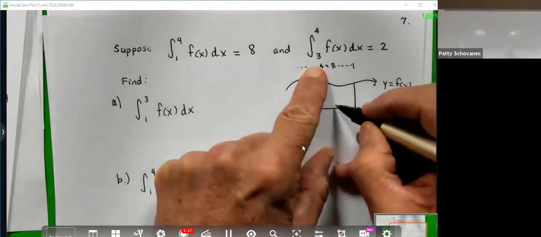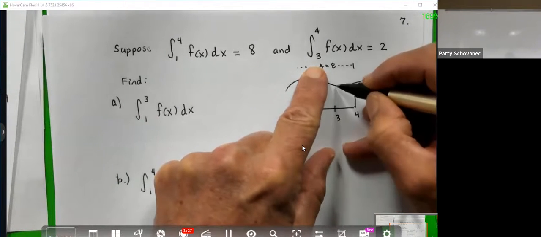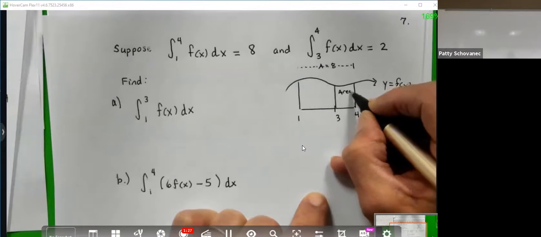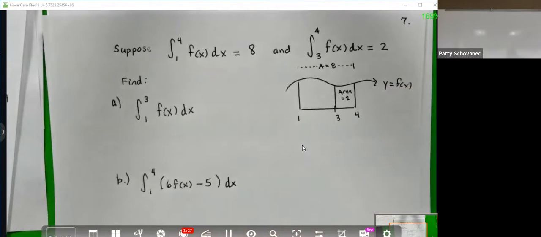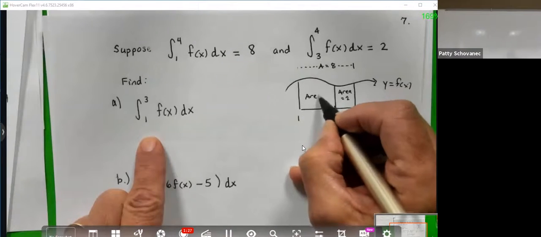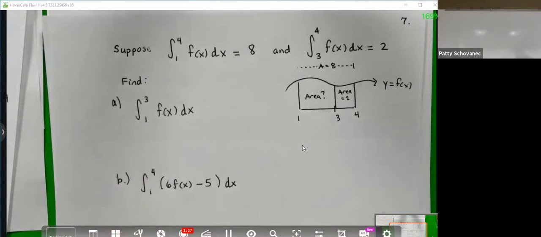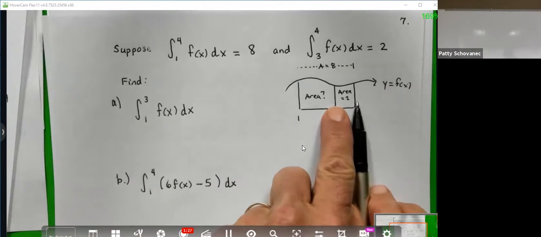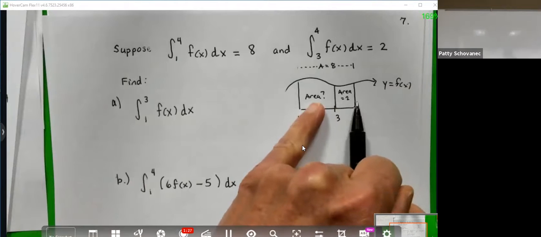Then if I cut this off at 3, draw a vertical line, I know that this area in here is equal to 2. And I'm asked to find this area. And now it's easy. The whole area is 8, and 2 of that area is here. The rest of it has to be here.